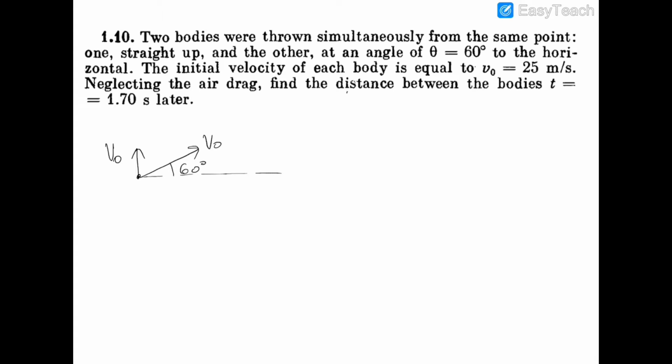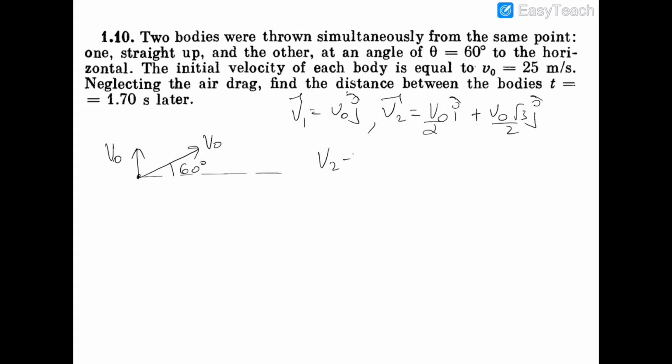So we know that, let's suppose v1 is equal to v0 j cap and v2 is equal to v0 cos theta i cap, which is, cos 60 is half, as well as v0 sin 60 is root 3 by 2 j cap. Okay, so let us solve this problem in the relative frame.